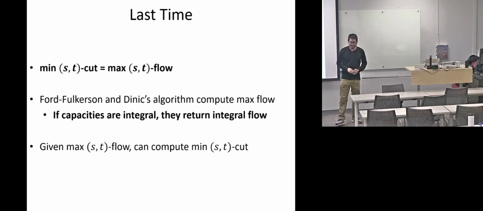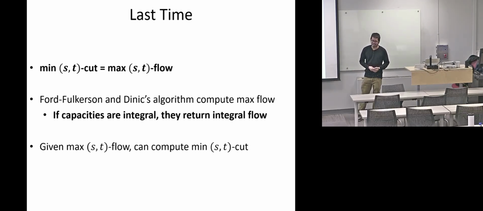If you allow the capacity or the weight of edges to be negative, then min cut can be reduced to max cut just by flipping negative and positive. But max cut is NP-hard. David mentioned this last time, and I want to mention this to you. So what we talk about today is non-negative capacity.